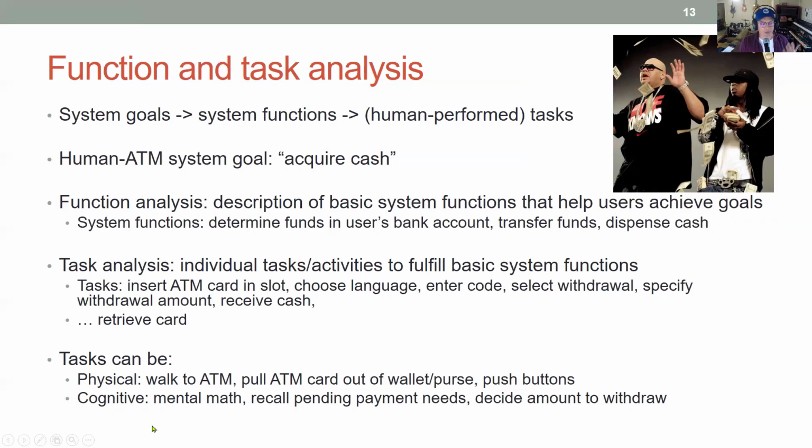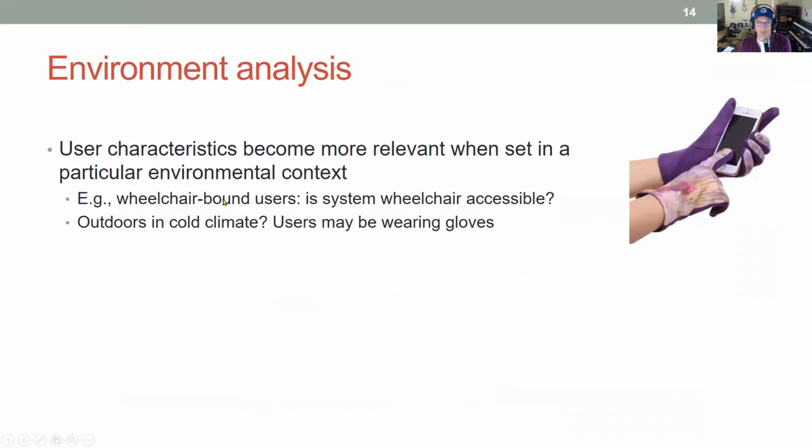If it's more cognitive, a lot of times it's things like, well, maybe we give people a calculator to do the mental math. So we can look at additional support for humans attempting those tasks.